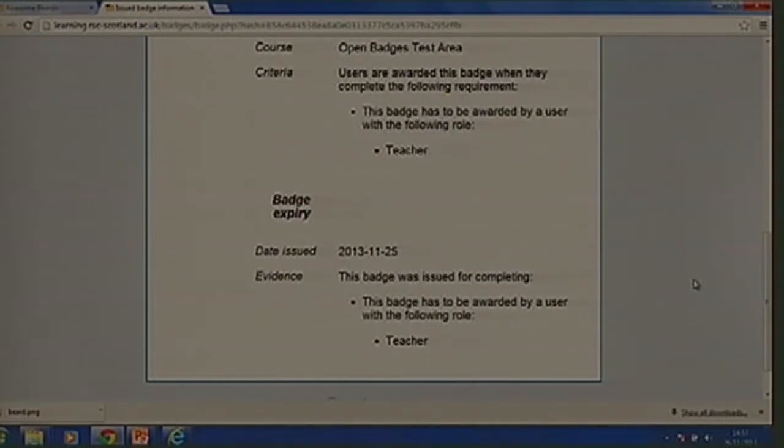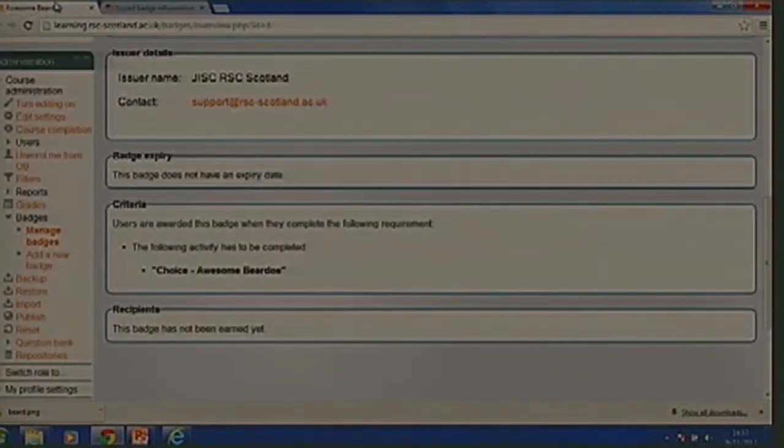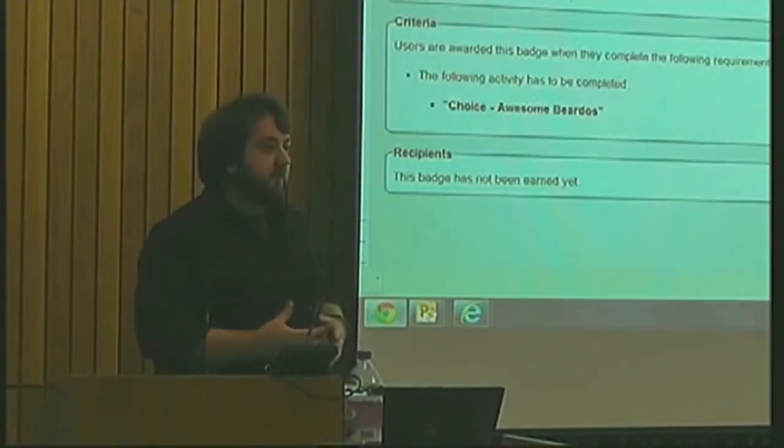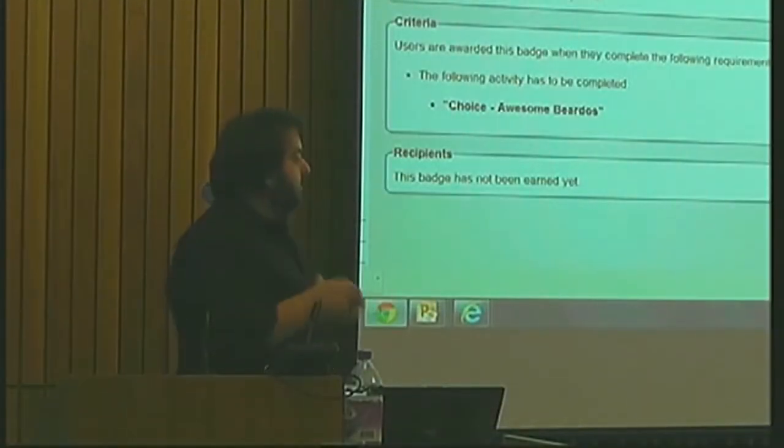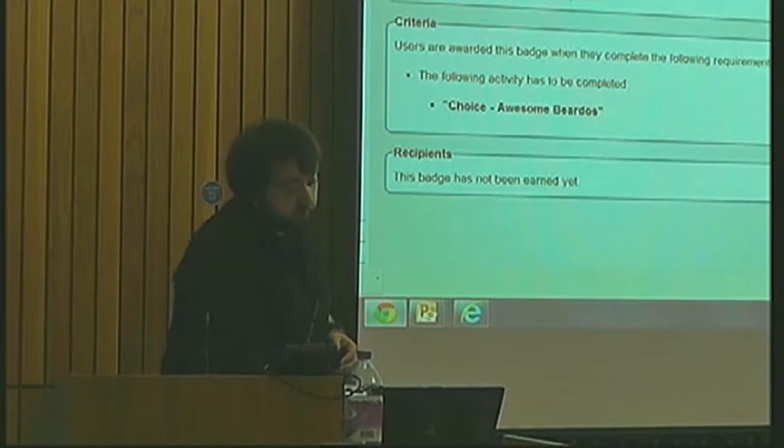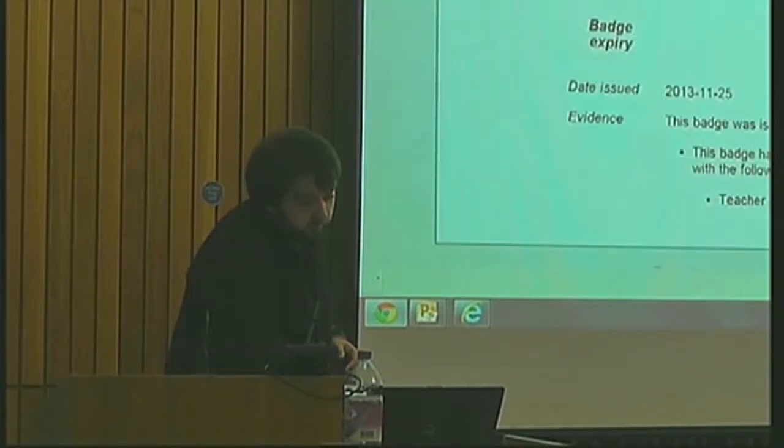There's not a whole lot of data in there. It was issued for completing, so we don't have any tracking on the evidence either. That's something that I'd like to see more of, more tracking of the evidence as well. You know, little nuggets of content that the users have created. I'd love to see more of that you can get access to.